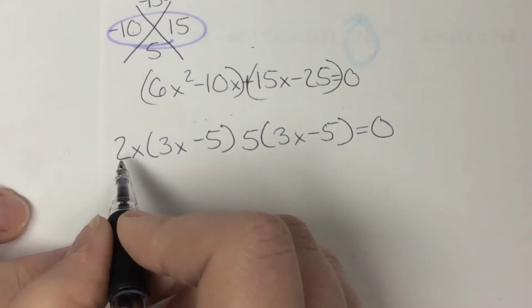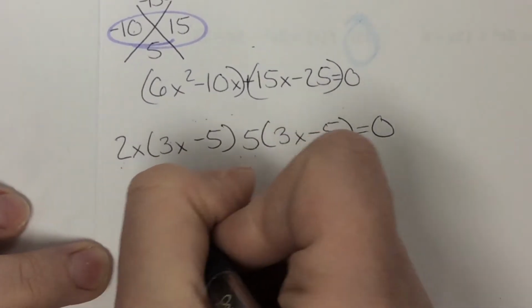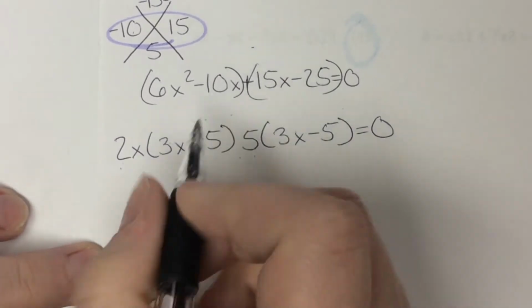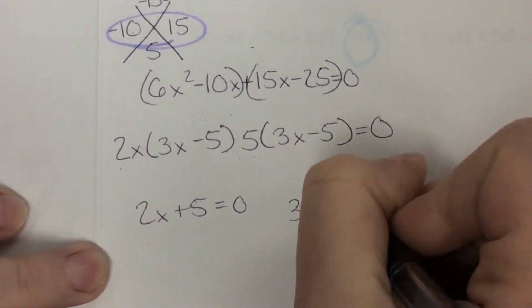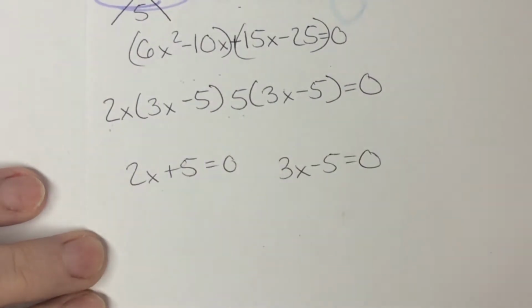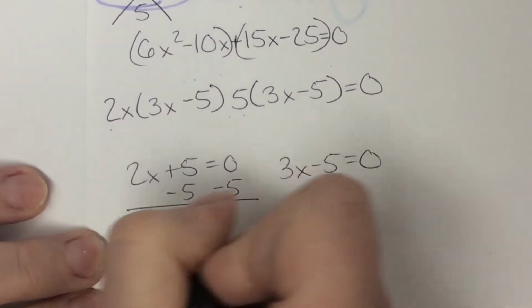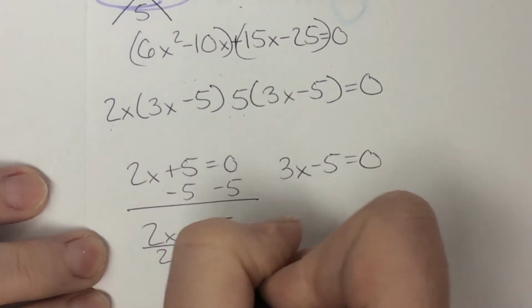So my first factor is going to be, remember we put the loners together, so the 2x plus 5 equals 0. And then these 2 that match, we're going to put them together: 3x minus 5 equals 0. Solve them separately. For the first one, I will subtract 5. That's 2x equals negative 5. Divide by 2.